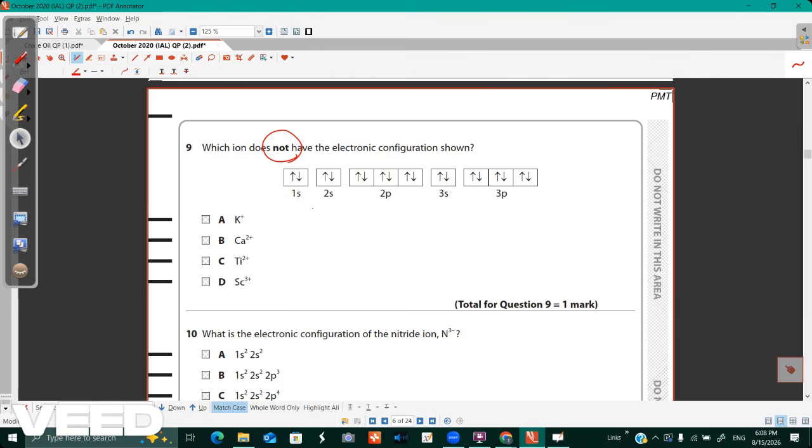Now you need your periodic table, right? So you find what this element is. What is this element? Period 3, third period. Why? Number of shells are equal to period. Third period.